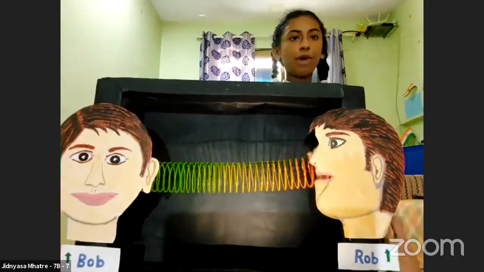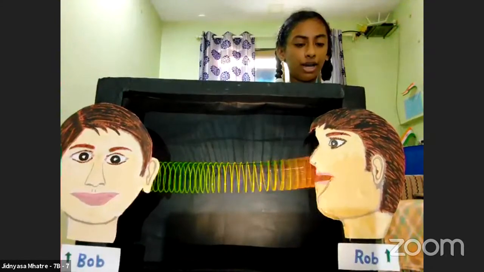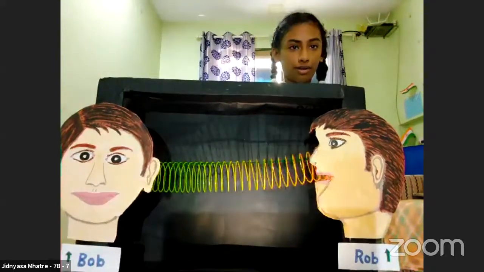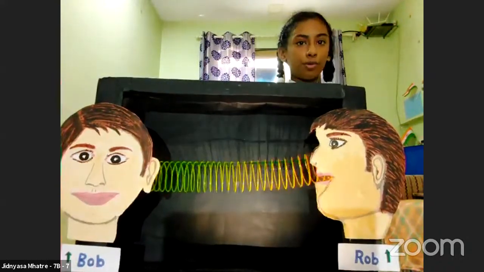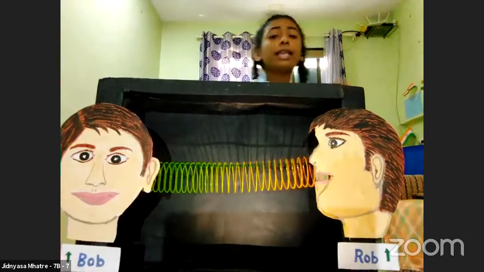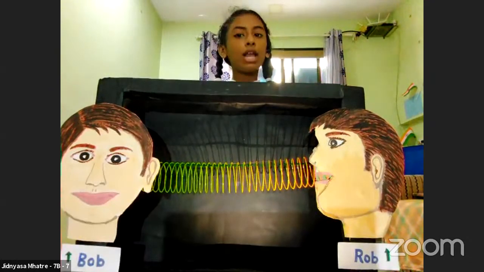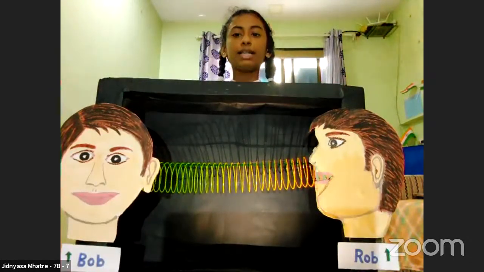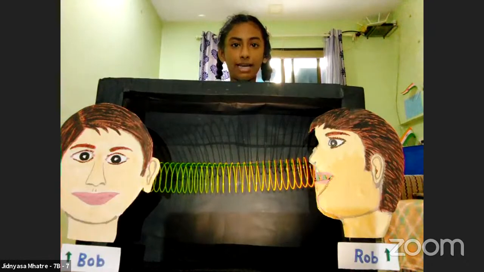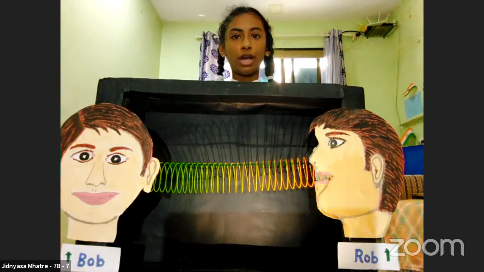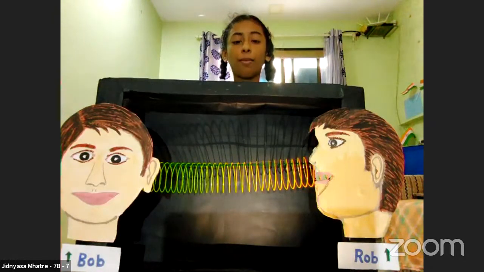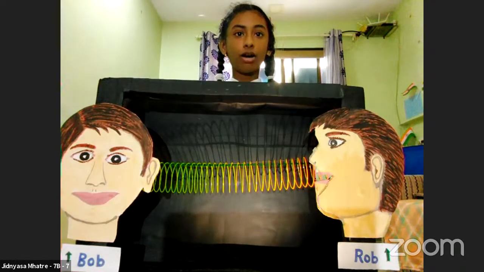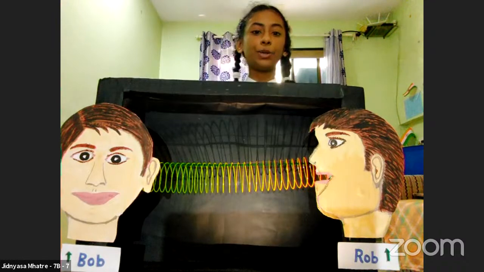You notice some of the plastic string coils crowd close together and then slowly move from Rob to Bob and return. This is a longitudinal wave. In a longitudinal wave, particle vibrations are parallel to the direction of the wave from Rob to Bob or anti-parallel from Bob to Rob. So we can hear echo sound. Thank you.